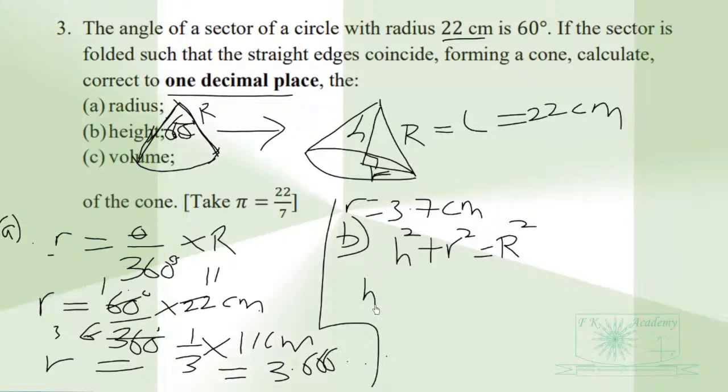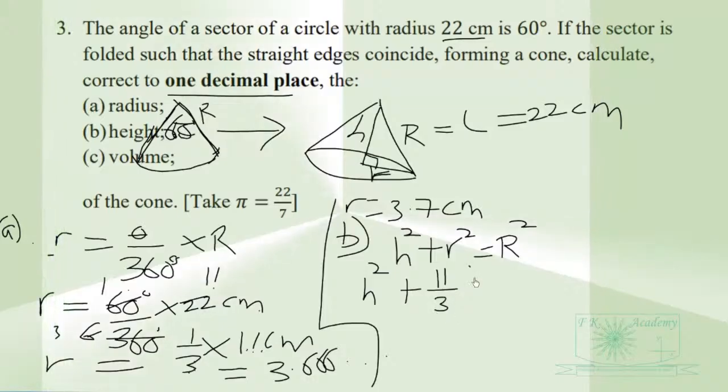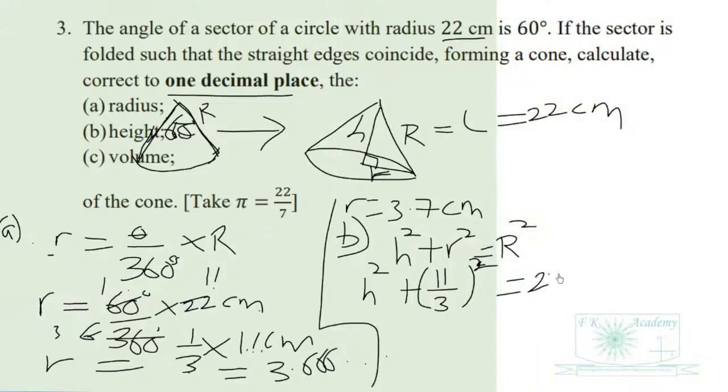We get h squared plus r squared, which is 11 over 3. I'm going to use the 11 over 3 squared. I will not use the approximated value. Sometimes if you use the approximated value, it affects your final results. It will be inflated or deflated more than necessary.